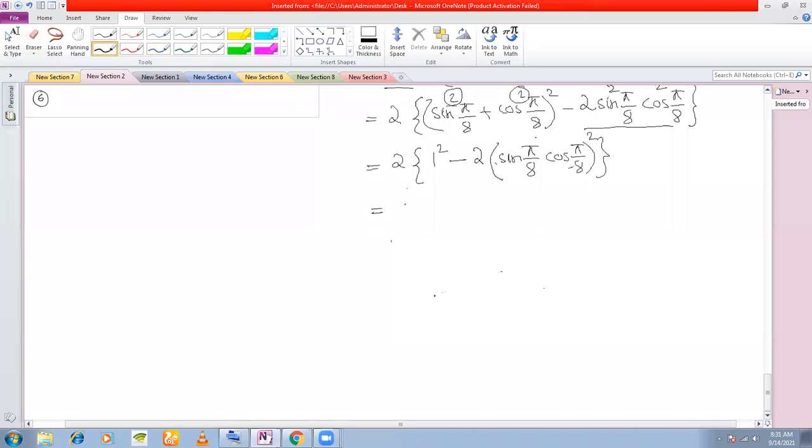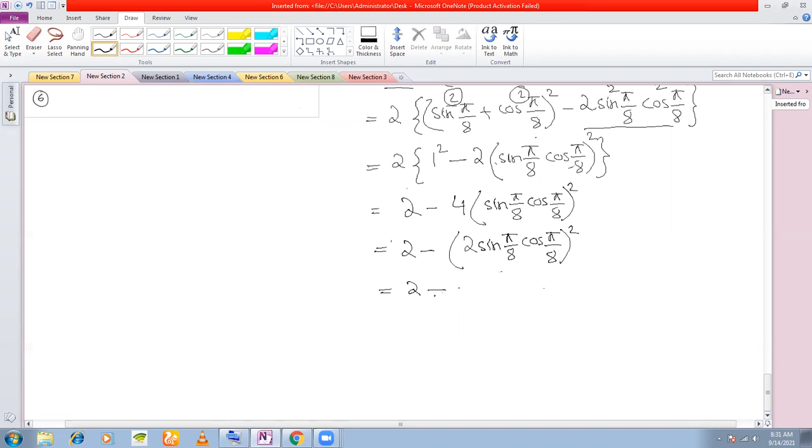So this is twice 1 minus, you can multiply this by 2 throughout. So you get 2 minus 4 sine pi by 8 cos pi by 8 square. Now if you take this 4 inside, this becomes 2 sine pi by 8 cos pi by 8 whole square.